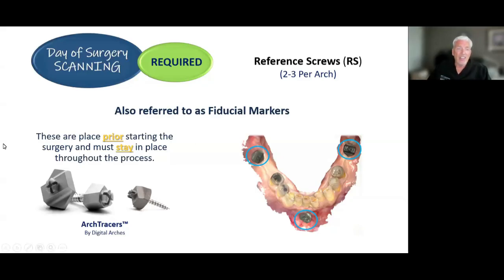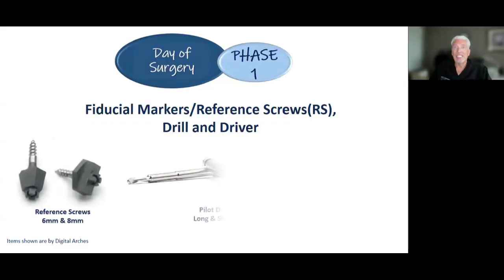It's the geometry here that their scanners are picking up, and these need to be placed prior to surgery. Of course, you numb the patient up, but before you make any incisions, these markers need to be placed, and they're not removed until afterwards. You do your first scan with these markers in place.